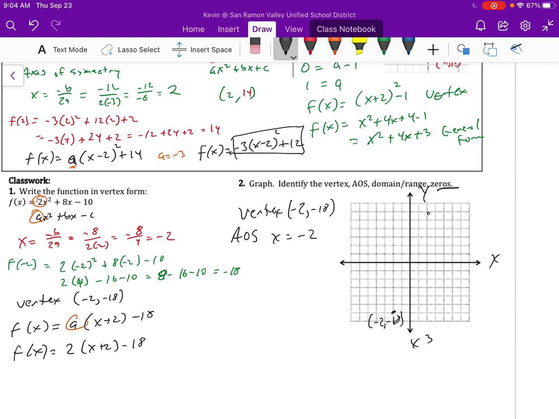Let's find our zeros. That'll help us to graph it. So for our zeros, we're going to go 2x squared minus 8x minus 10 equals 0. And we're going to solve for x. Factor out 2. x squared minus 4x minus 5 equals 0.